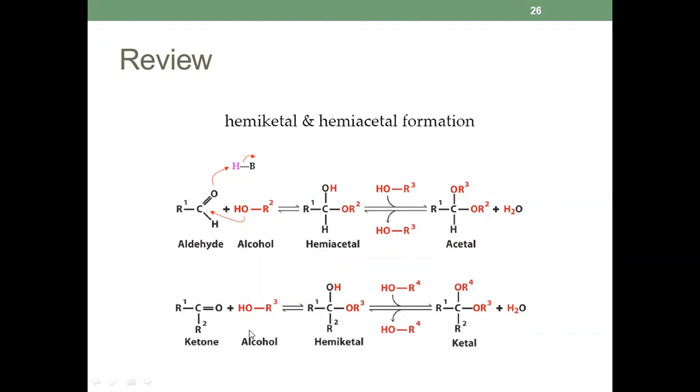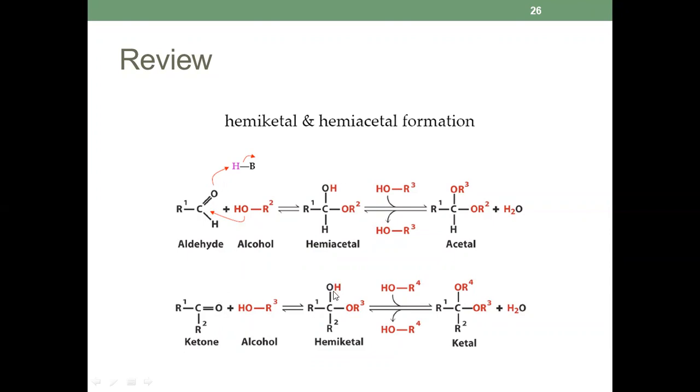Now, when a ketone is close to an alcohol, they can also react. Similar to this, you form a hemiketal. We get an OH and an OR. The O here, with its electrons, will attack this partially positive carbon, and the O here will take a hydrogen from the solution.